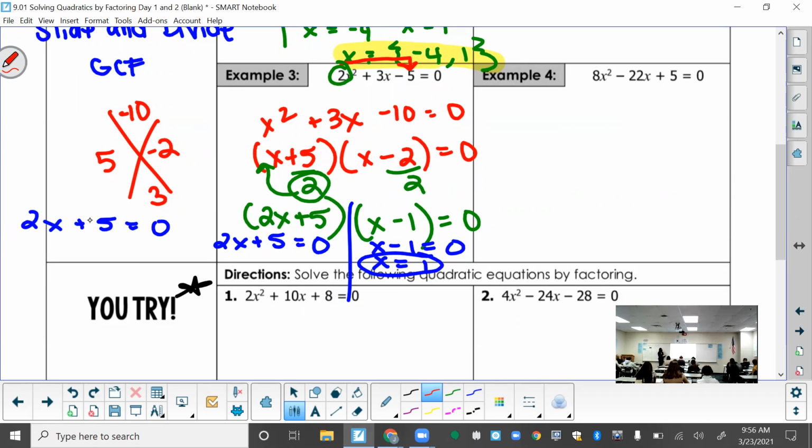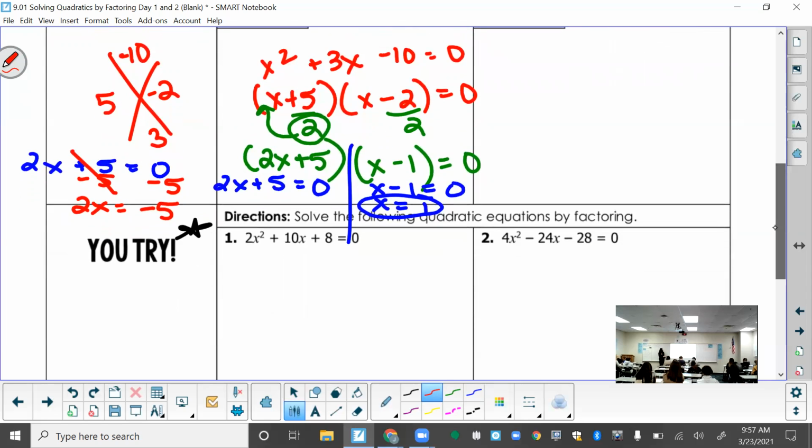So what's the opposite of adding 5? Good, opposite would be to subtract it. And then we get 2x equal to what's 0 minus 5? -5. Now we have 2 times x. What would be the opposite of multiplying by 2? Dividing by 2 would be opposite.